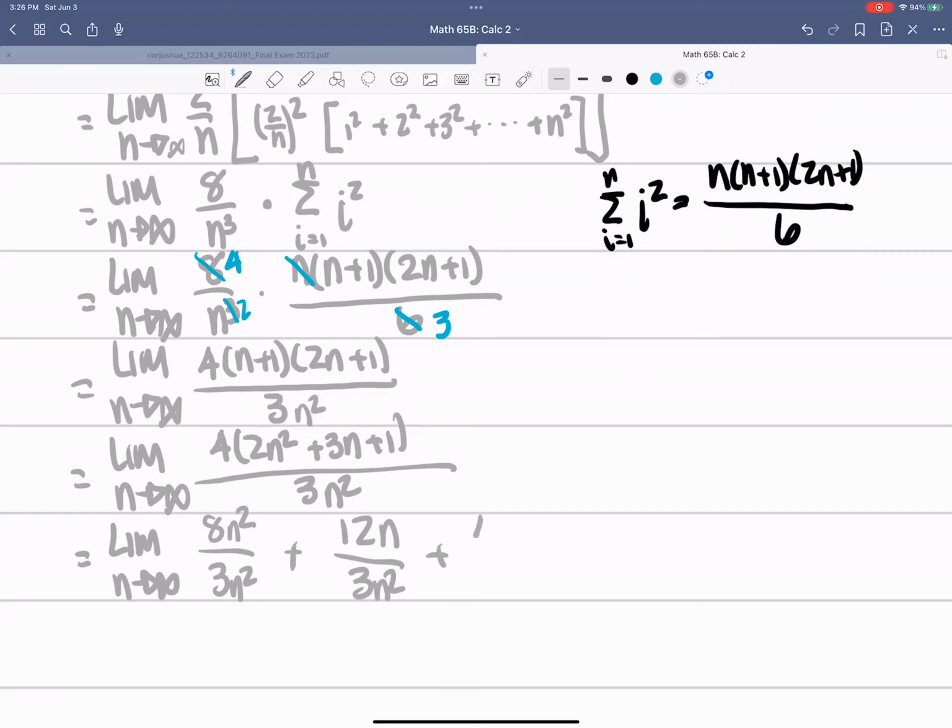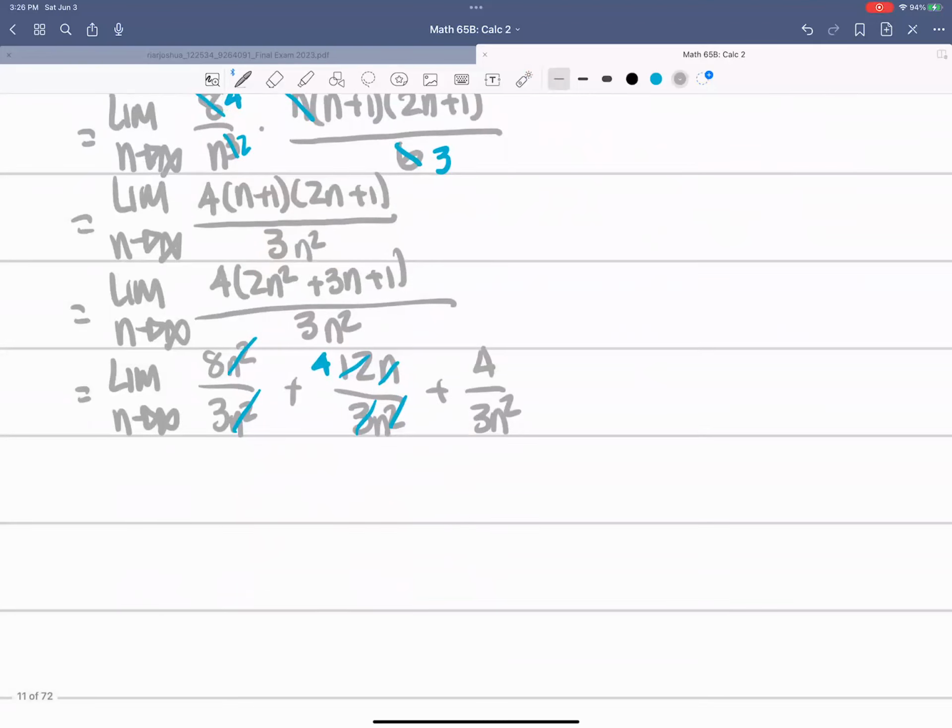And lastly, 4 over 3n squared. Things simplify here. Things simplify here. 12 goes into 3 4 times. And nothing simplifies there. Let's see what we're left with. So the limit as n approaches infinity of 8 over 3 plus 4 over n plus 4 over 3n squared.